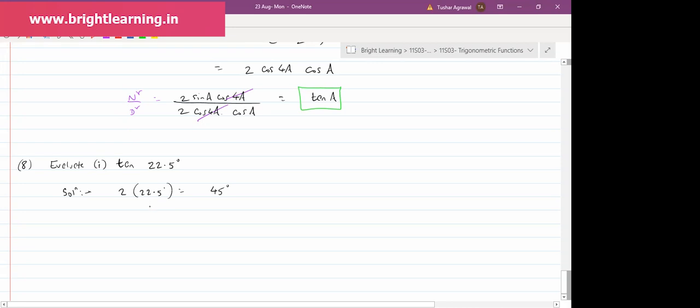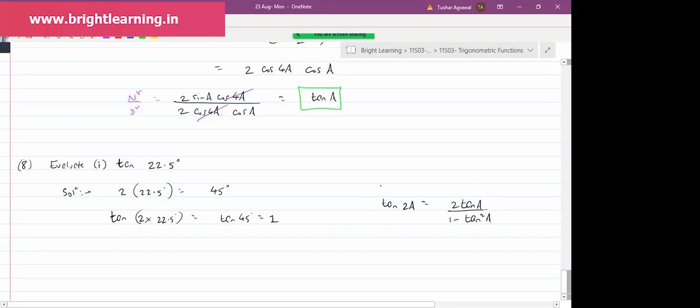So if you take this to be A, tan of 2 times 22.5 degree is equal to tan 45, which is equal to 1. So tan 2A is equal to 2 times tan A upon 1 minus tan square A.